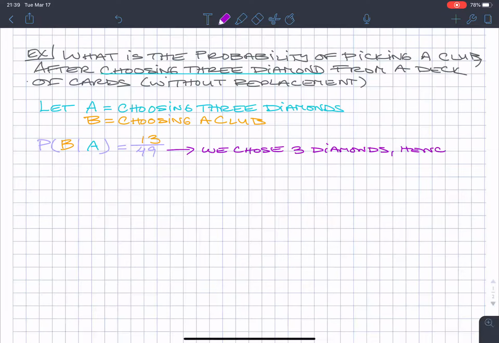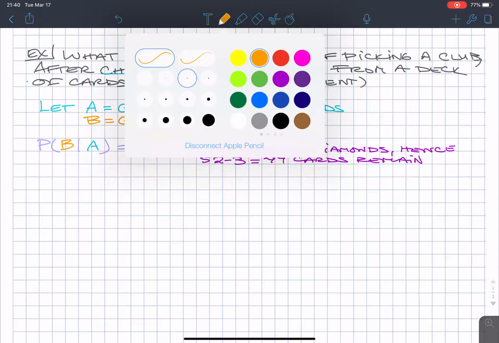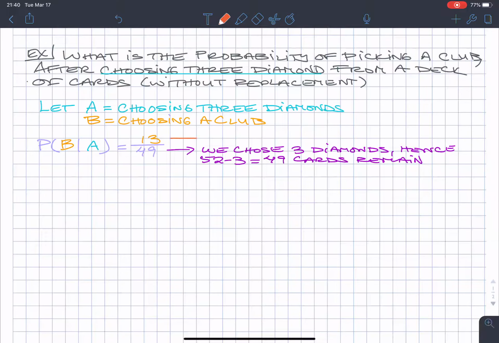Hence 52 minus 3 equals 49 cards remain. And since we chose 3 diamonds, all clubs are left. So there's 13 left. So hopefully that makes sense.